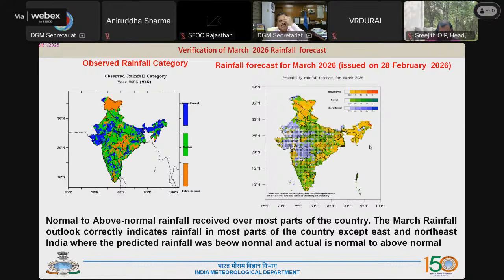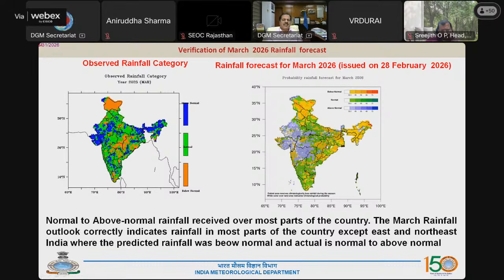So you can find that normal to above normal rainfall occurred over many parts, except some areas in East MP, Chhattisgarh, Vidarbha, where it was below normal rainfall activity, and also J&K and Ladakh, where it was below normal rainfall activity.